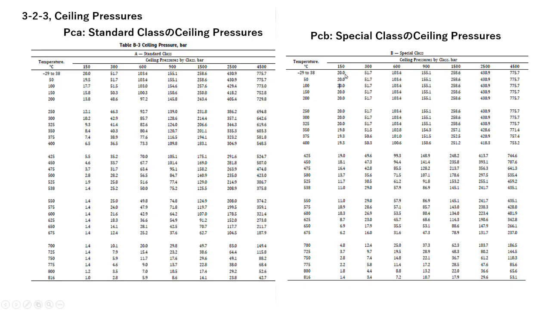So in case of the special class, ceiling pressure is not so much changed, up to around 400 degrees Celsius. So almost same value indicated. But standard class ceiling pressure decreasing with increasing temperature. So decreasing.